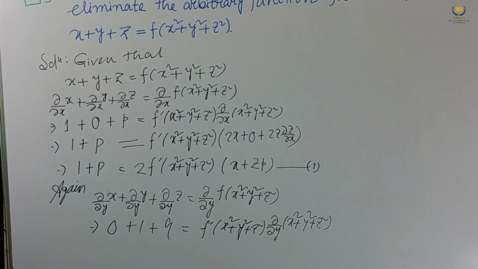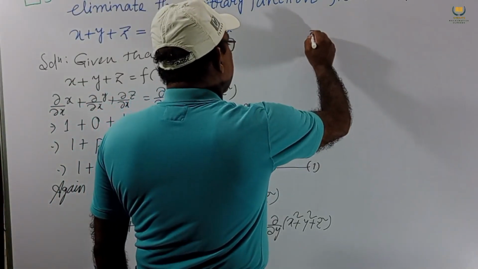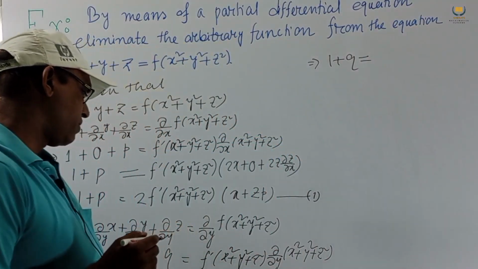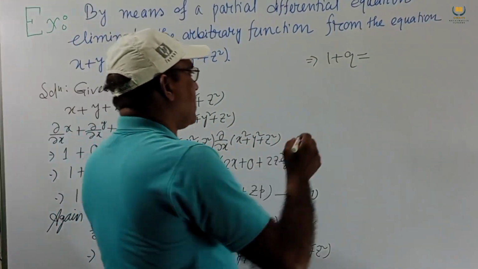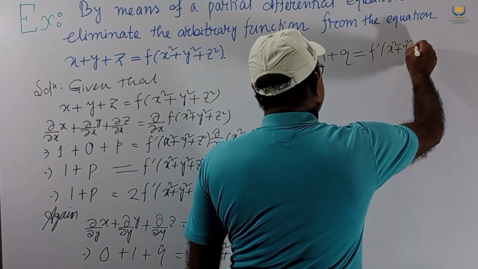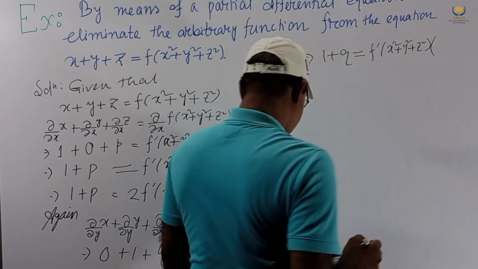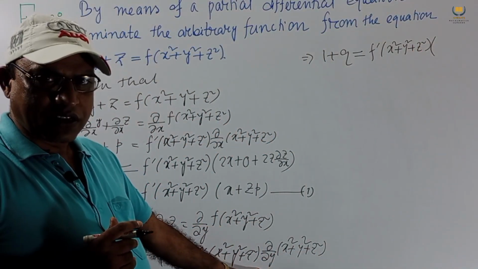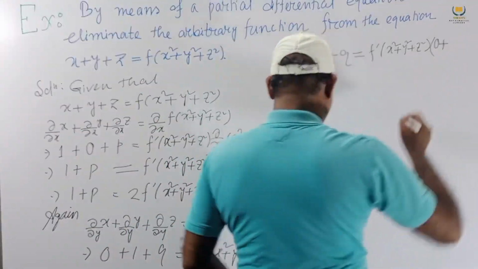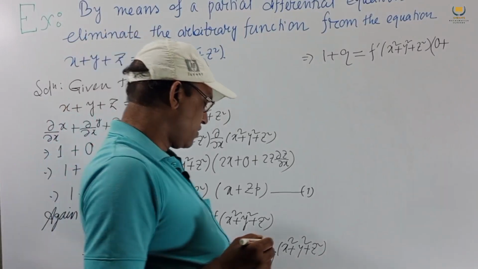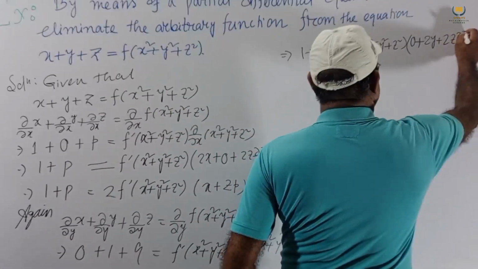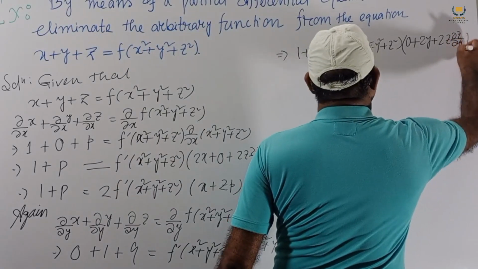We get this, and this implies 1 plus q equal to f dash (x square plus y square plus z square), and we differentiate partially with respect to y. X is constant, this is 0, and y square ∂y, this is 2y, and z square means 2z ∂z/∂y.